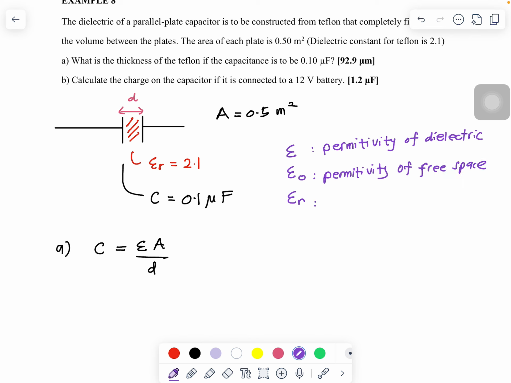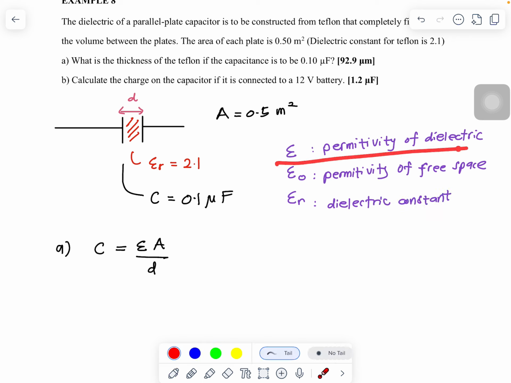And then ER is dielectric constant. Okay, so permittivity of dielectric usually digunakan kalau kita sudah dah masukkan dielectric lah. Kalau permittivity of free space is when there is no dielectric. Okay, ini untuk dielectric tersebut. Okay, so dia berbeza dan value ini dia sama. Dia adalah constant value.